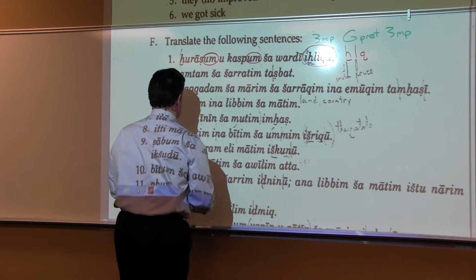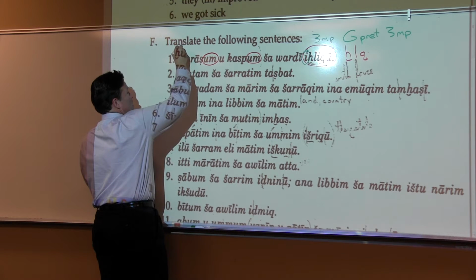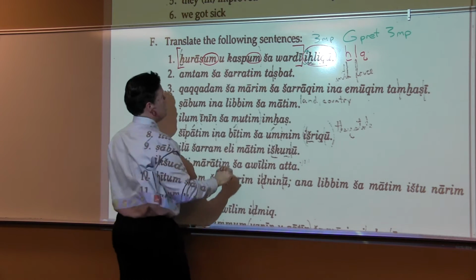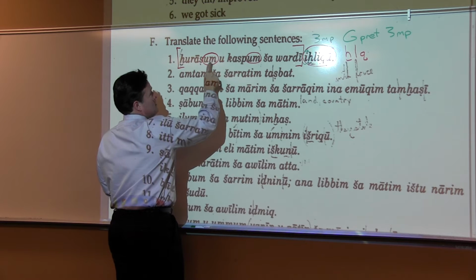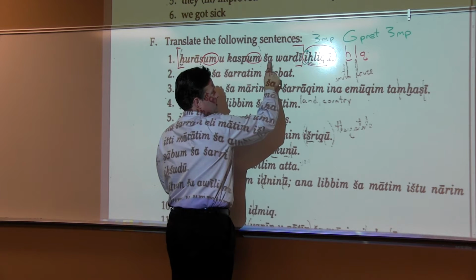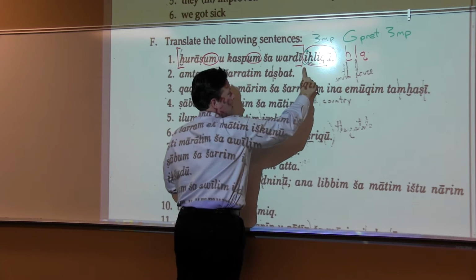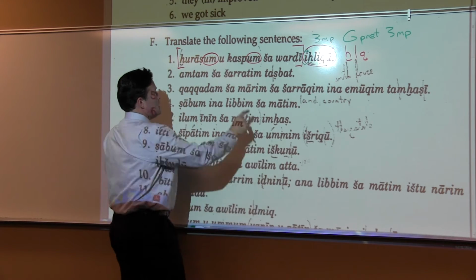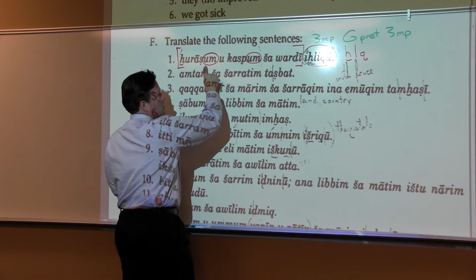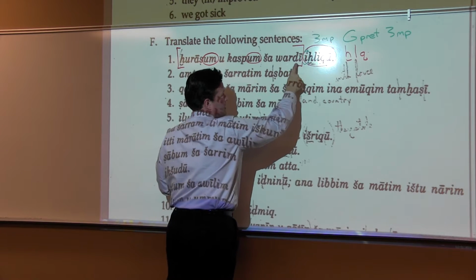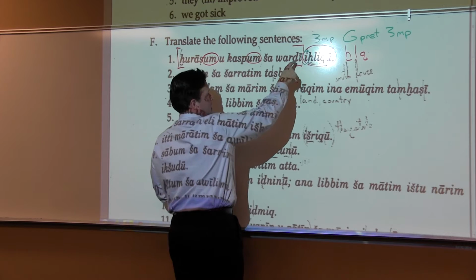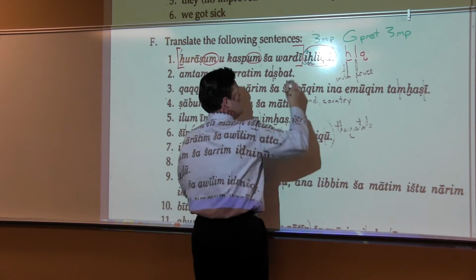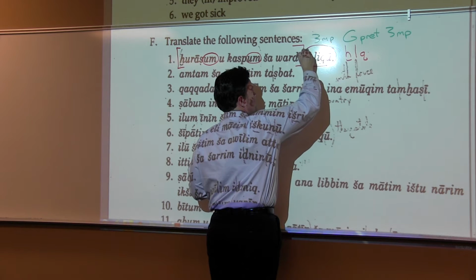That is the subject. So this noun phrase is the subject of the verb. The silver and the gold of the male servant perished. Simple past. And actually what you see here is the genitive plural ending.